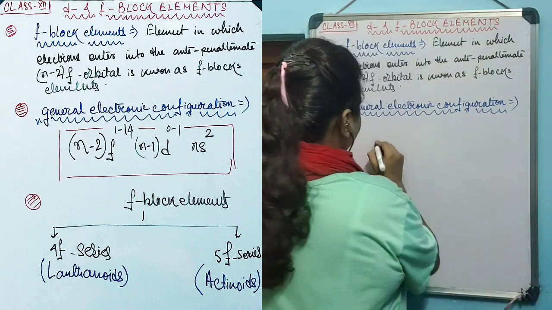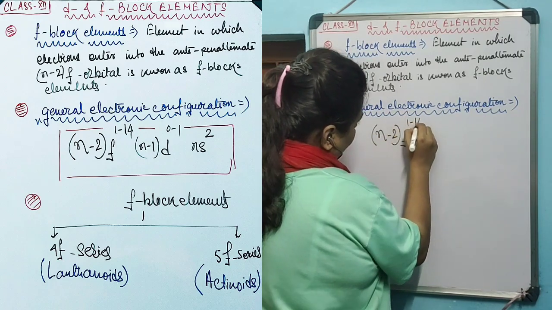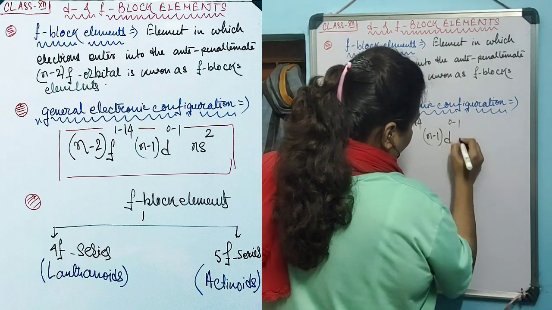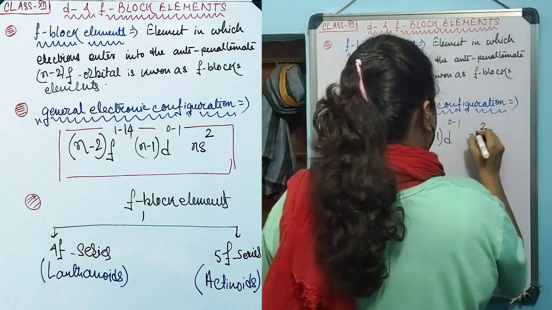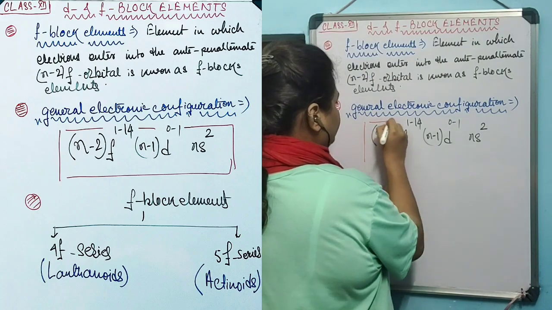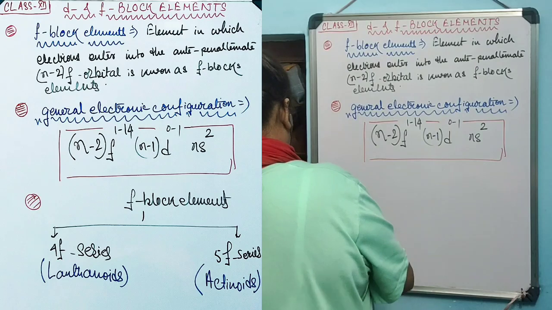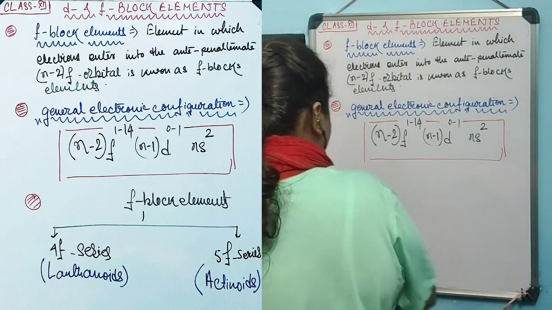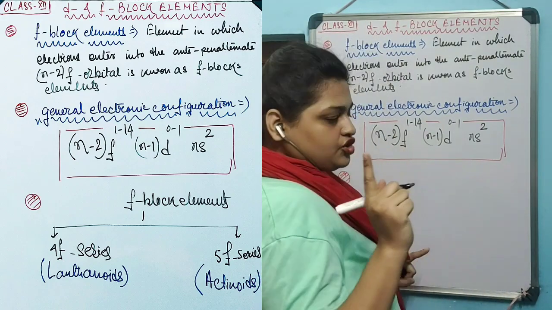The general electronic configuration follows n-2 f 1 to 14, n-1 d 0 to 1 and ns2. This is the general electronic configuration for F-block elements. Now, F-block elements consist of two series.